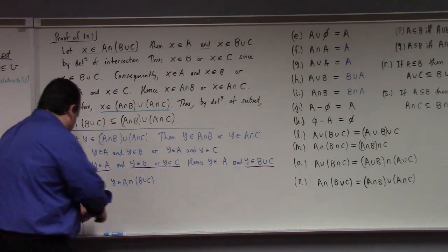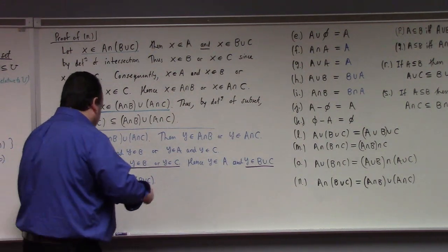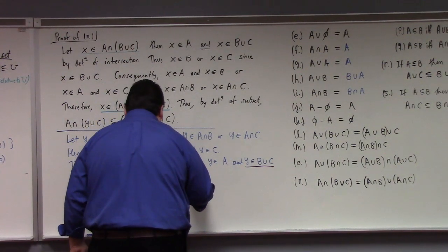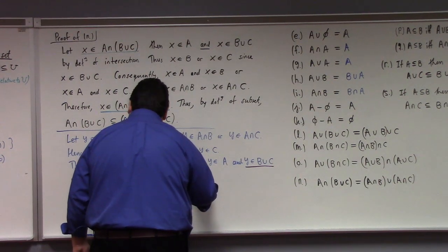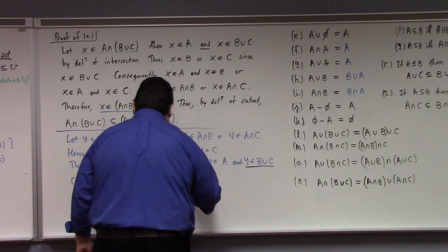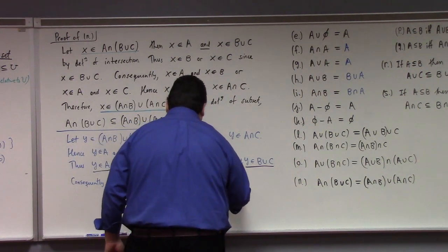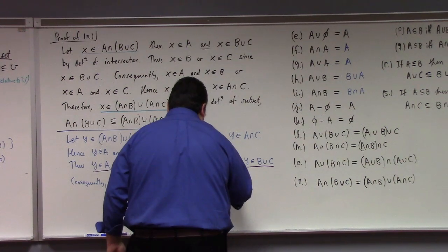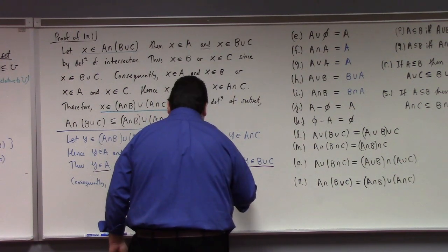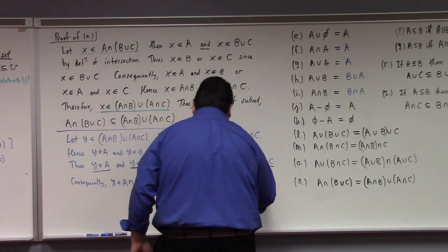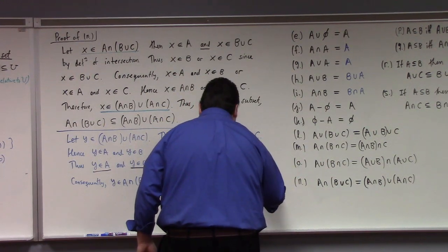Oh, conclusion. Let us not forget the conclusion. Hence, I probably should say therefore, but anyway. A intersect B unioned with A intersect C is a subset of A intersect B union C. Man, if I could just not write intersection when I mean union.